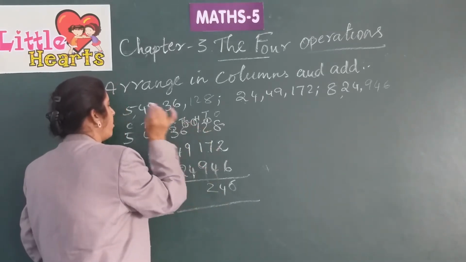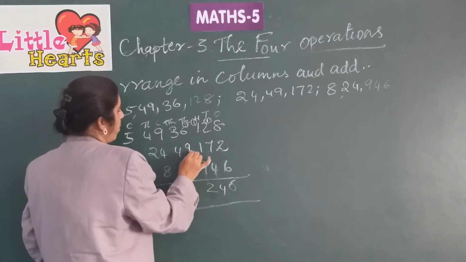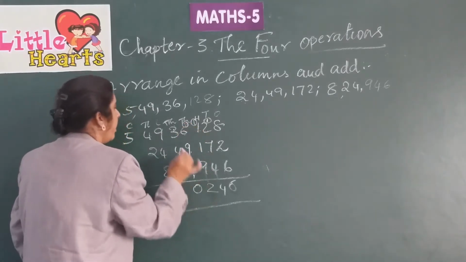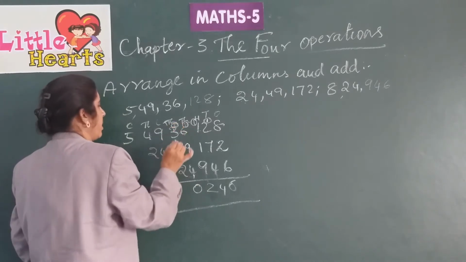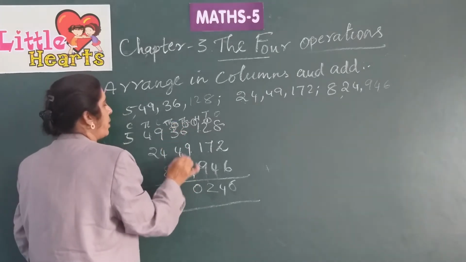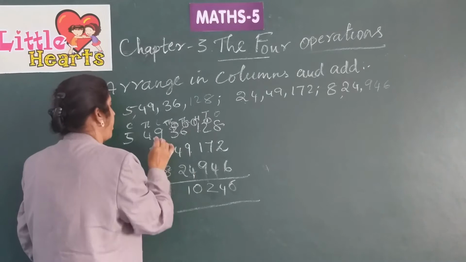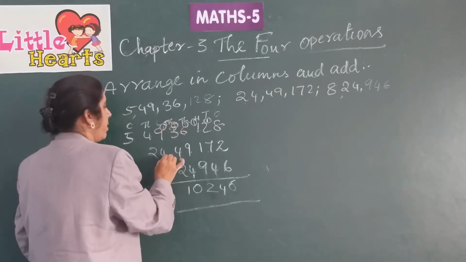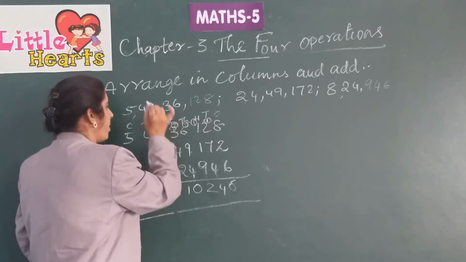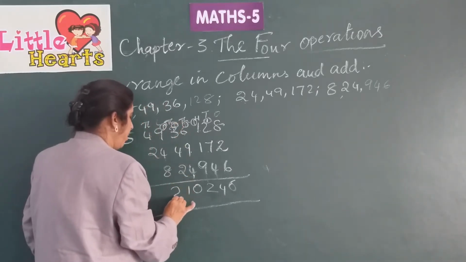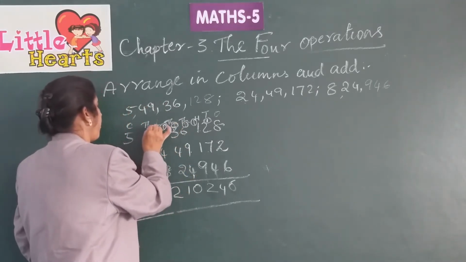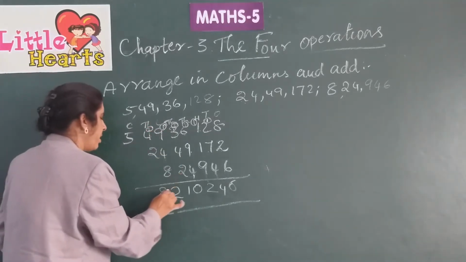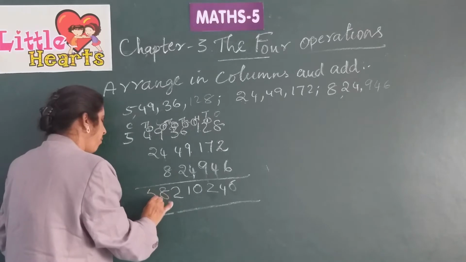Carry 1 to the thousands. 9 plus 4, 13 plus 6, 19 plus 1, 20. Carry 2 to the 10,000s. 2 plus 4, 6, 6 plus 3, 9, 9 plus 2, 11. 8 plus 4, 12. 12 plus 9, 21 plus 1, 22. Carry 2 here. 4 plus 2, 6. 6 plus 2, 8. And bring down 5.